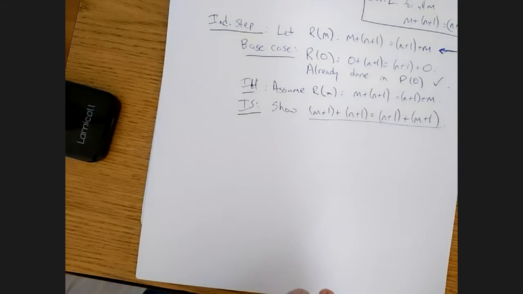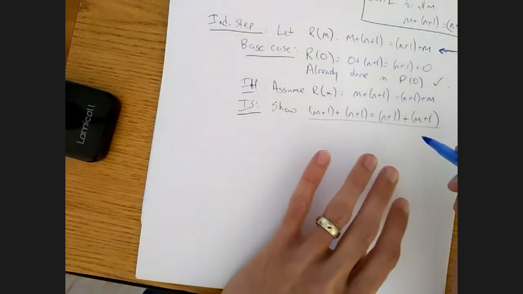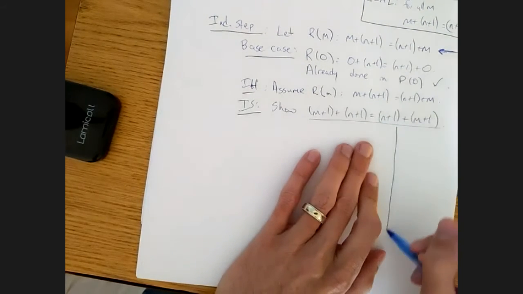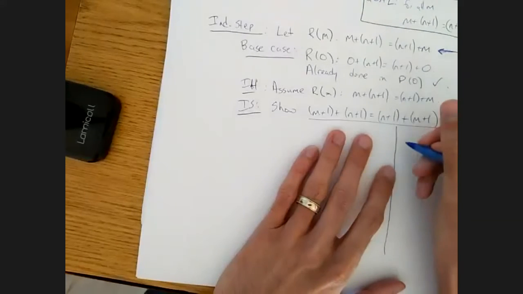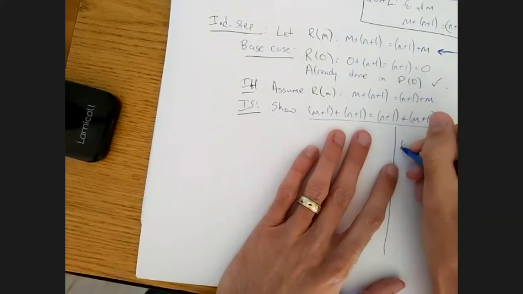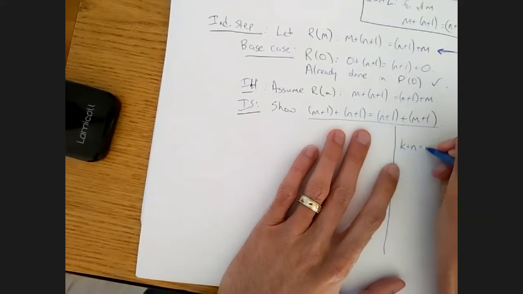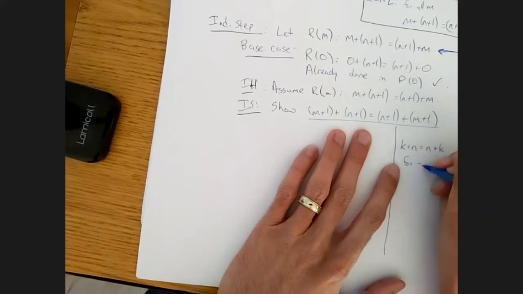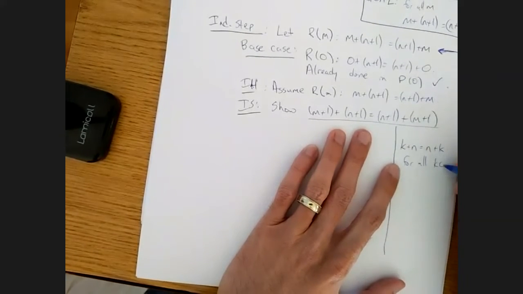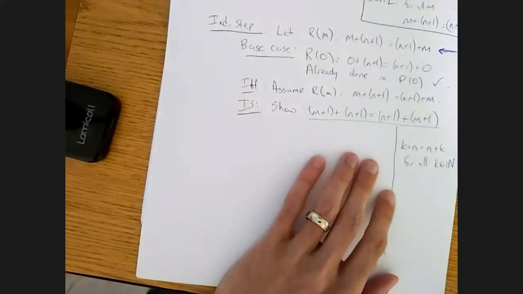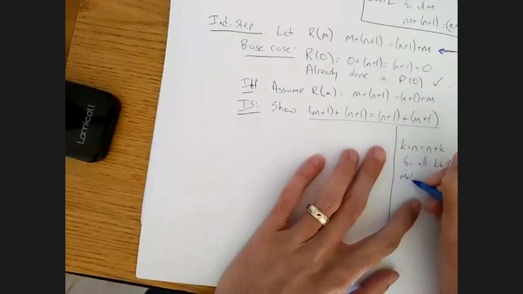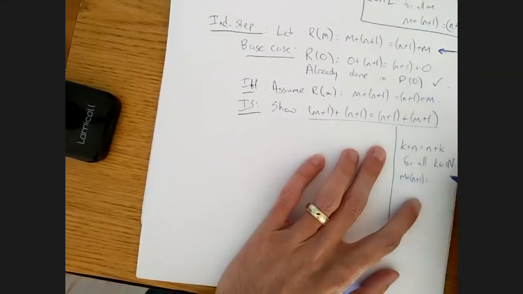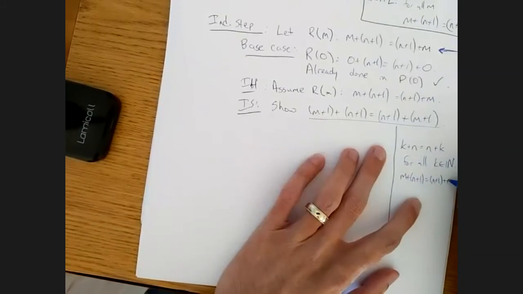Let me write down all the things we know. I'll rewrite our induction hypothesis for P using k instead of m. So we know that k plus n equals n plus k for all k. Let's see, what else do we know? We know that m plus n plus 1 equals n plus 1 plus m.